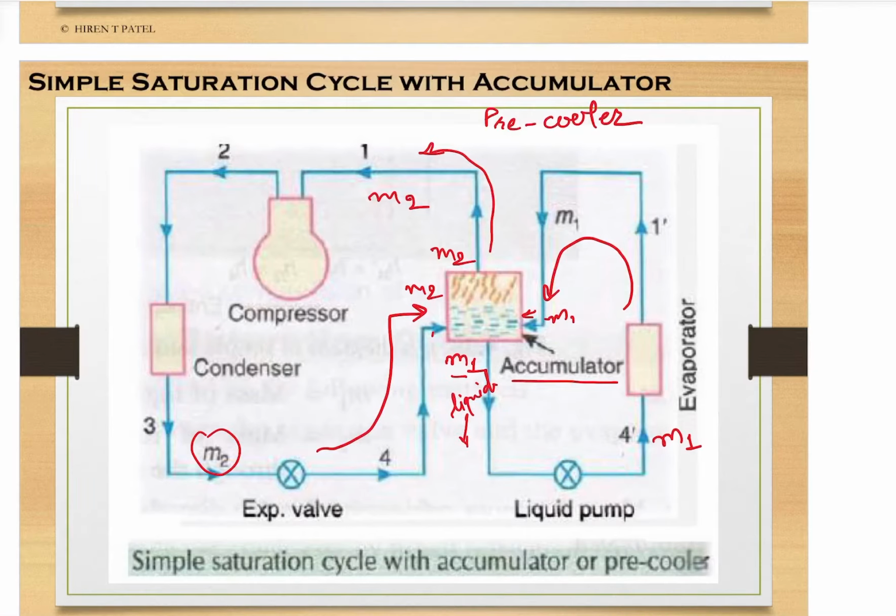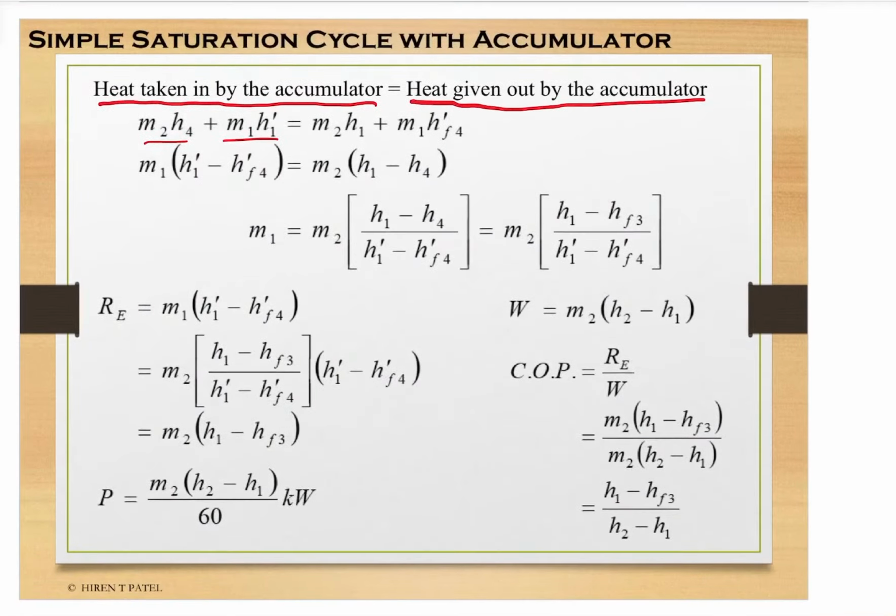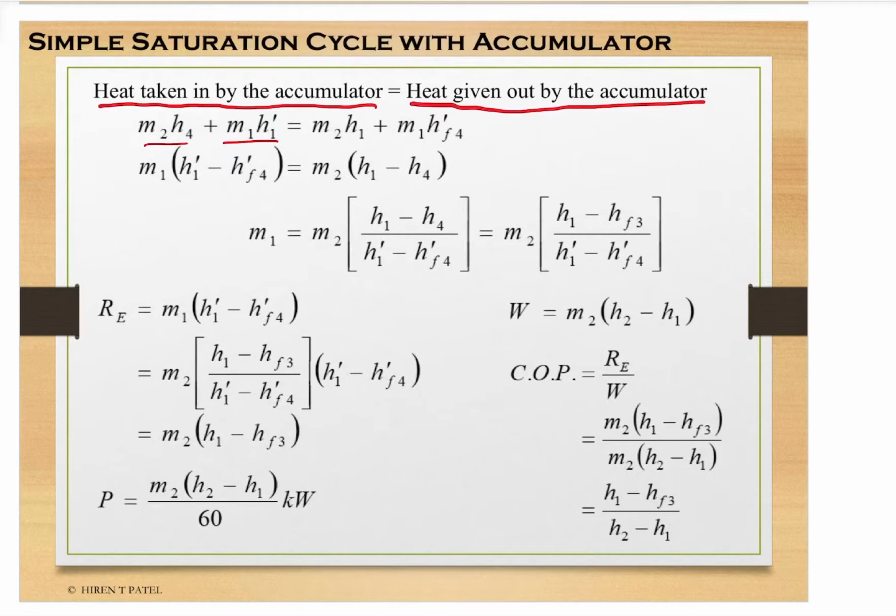Same as total mass, that is m2 entering the accumulator after the expansion valve, and total mass m2 in vapor form is transferred to the compressor. So m2h4 plus m1h1 dash is equal to m2h1 plus m1hf4 dash.